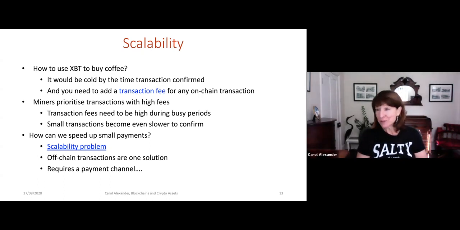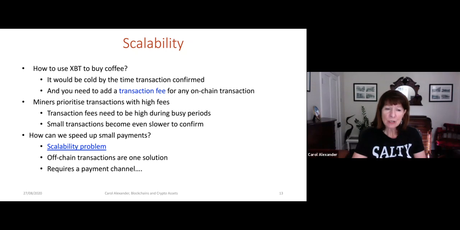And if you haven't put a transaction fee in the UTXO that you put in, then it's going to wait a long time in the memory pool before it's taken in a block. So small transactions are very, very slow to confirm. So this is called the scalability problem. How do we scale up the network so it can deal with small payments?